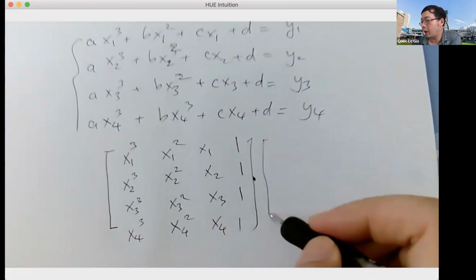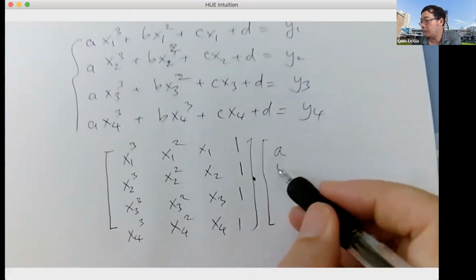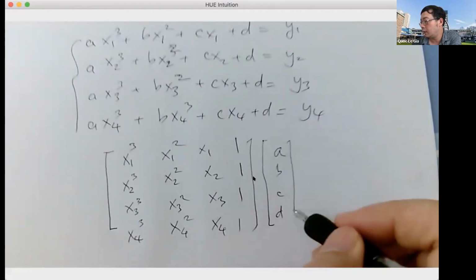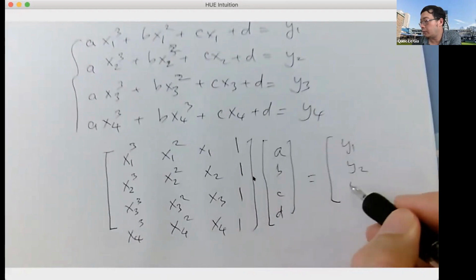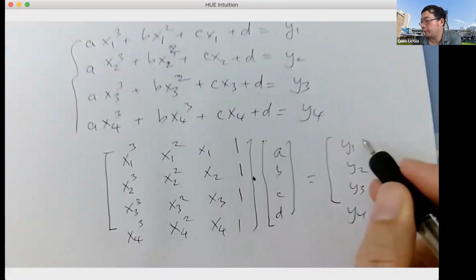So you can write out a matrix like this, times A, B, C, and D, and then this one is just y1, y2, y3, y4.